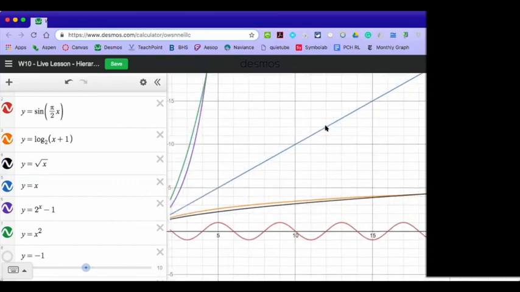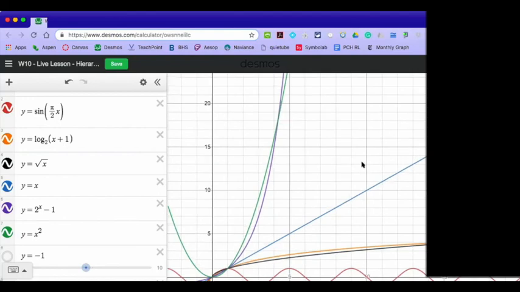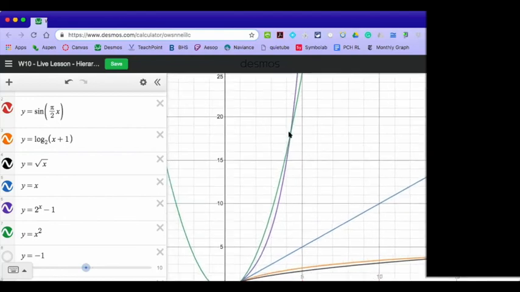That's cool. And then let's see what happens over here with the purple. Uh-oh. This one is going to be a little easier to understand. So we're comparing x squared to basically 2 to the x. This says 2 to the x minus 1, but as x gets really big, it's basically 2 to the x.